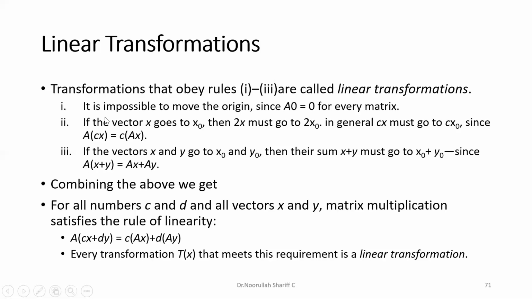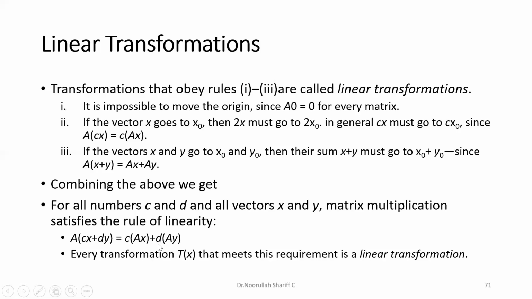So combining all these three, for different constants c and d, and for vectors x and y, the matrix multiplication must satisfy the rule of linearity, which is A multiplied with cx plus dy will give us c multiplied with Ax plus d multiplied by Ay.